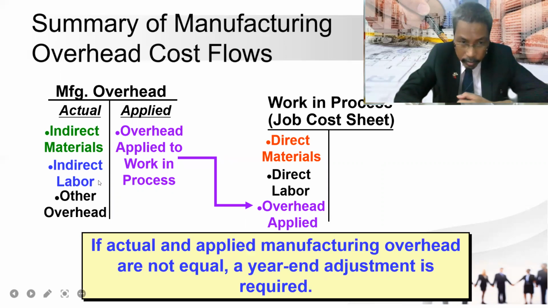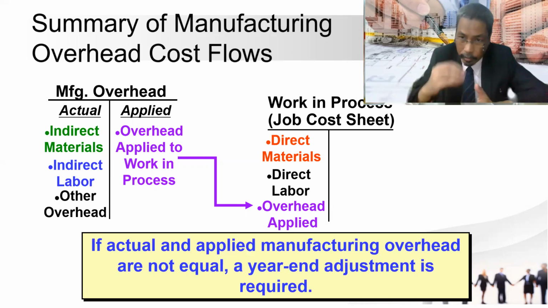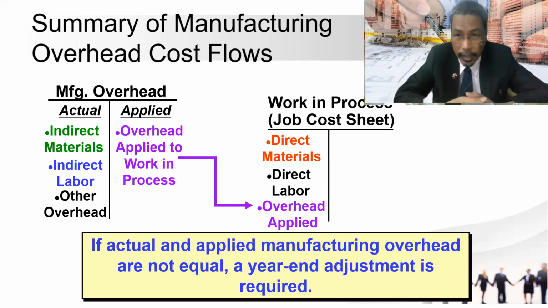Indirect labor, 1,800. Other overhead, 3,800. So something like that. So use the actual recording and an actual ledger. You need a ledger, or if you don't have a ledger, you have to make your own ledger by using your ball pen and ruler. Okay.